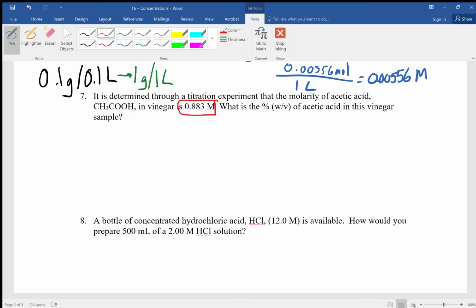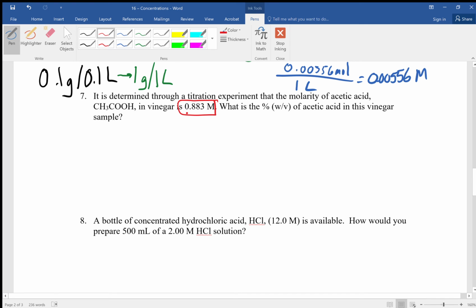In fact, in past years, we've actually done this as an experiment, where you take actual samples of vinegar and you do a titration. A titration being an experiment where, if we're trying to figure out the concentration of an acid, we would use a solution of base that we've determined its exact concentration of and use that to determine the concentration of the acid.